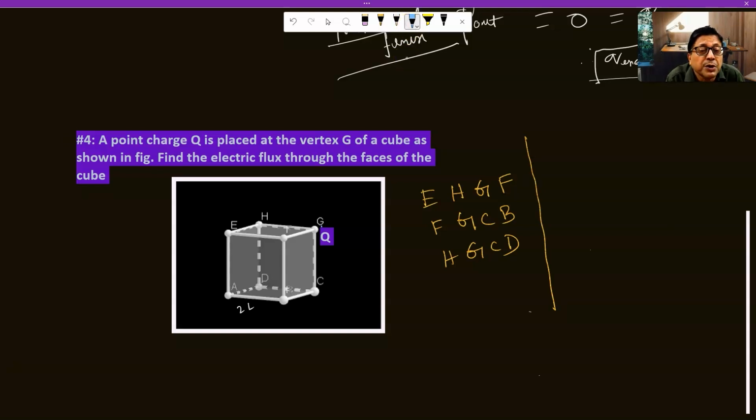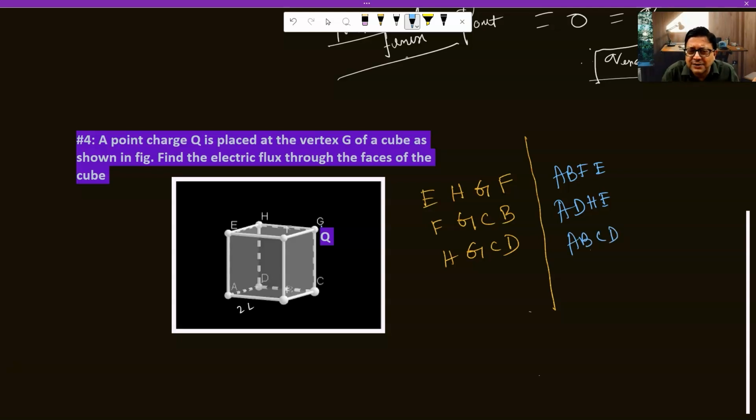Not holding the charge Q, they are ABFE, one face, the other one ADHE, and ABCD. They are not holding the charge.